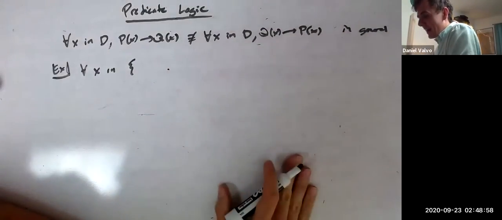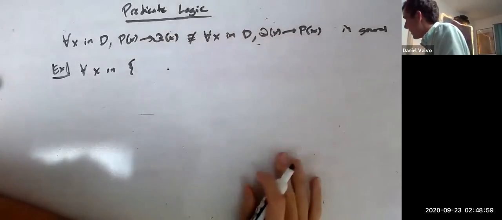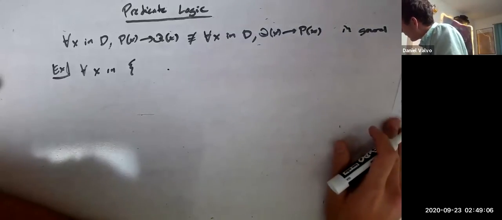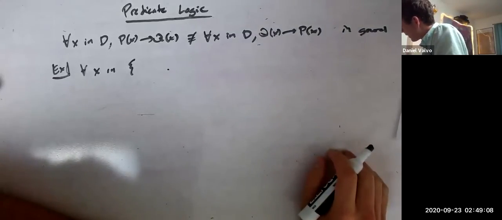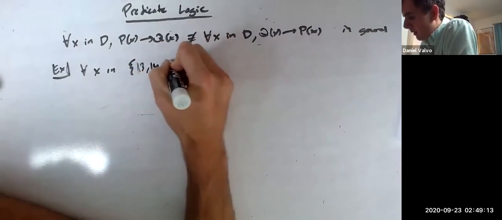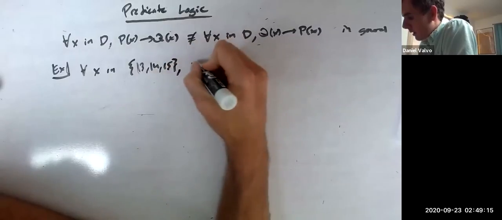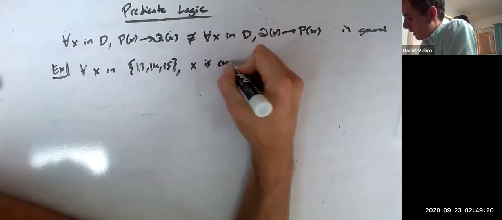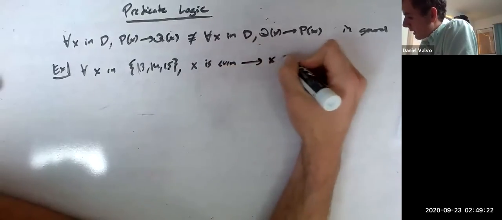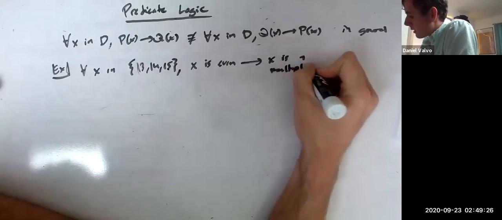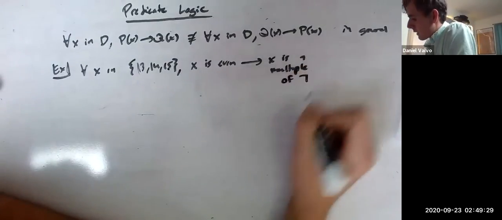But anyway, so if we say for all x in 13, 14, 15, x is even implies x is a multiple of 7.